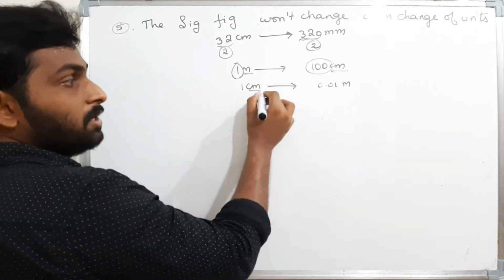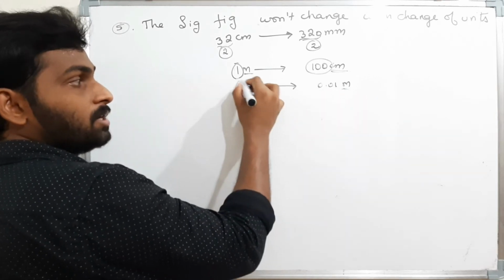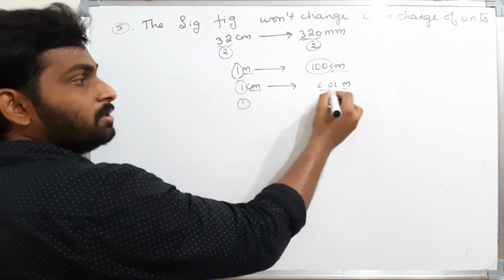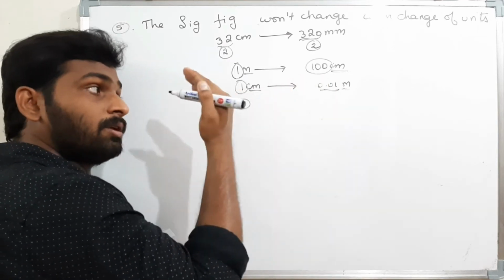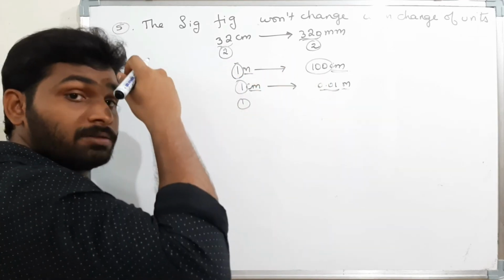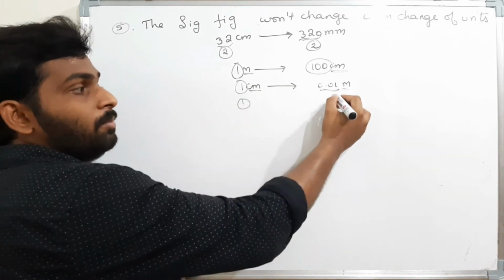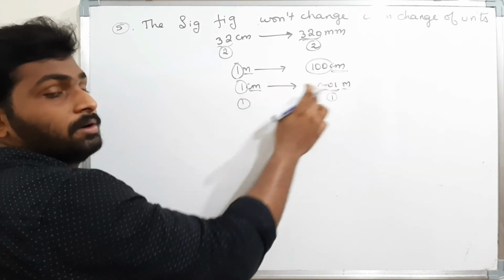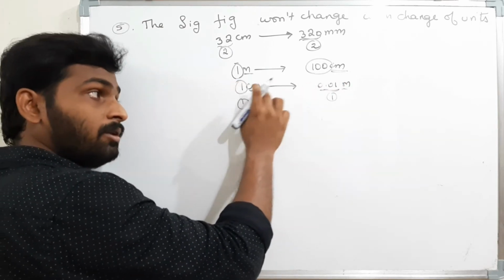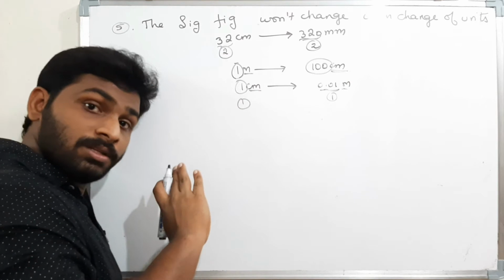I am converting from centimeter to meter. How many significant figures are there? 1. Here how many? Left side zeros, whether there is a decimal point or not, are always not significant. Therefore, 1. Both have the same significant figures, but the units are different. That means if I change from one unit to another, the significant figures won't change.